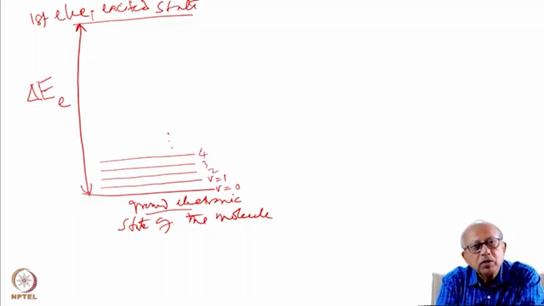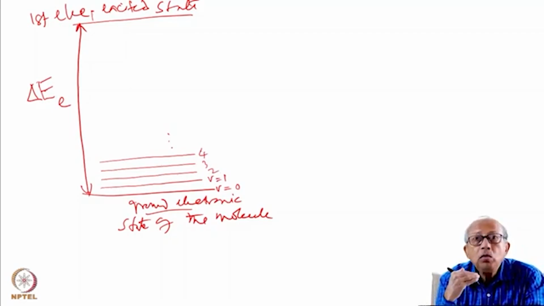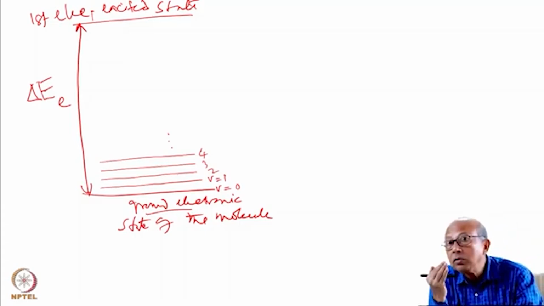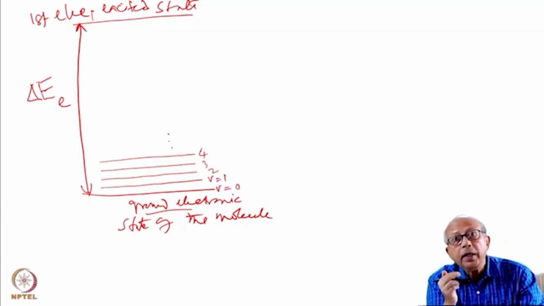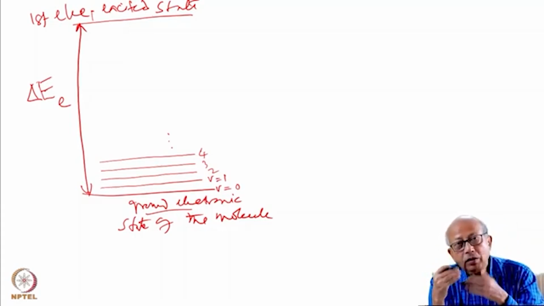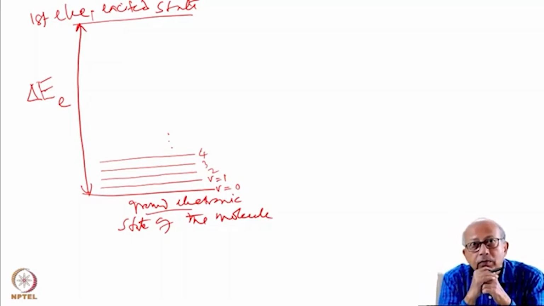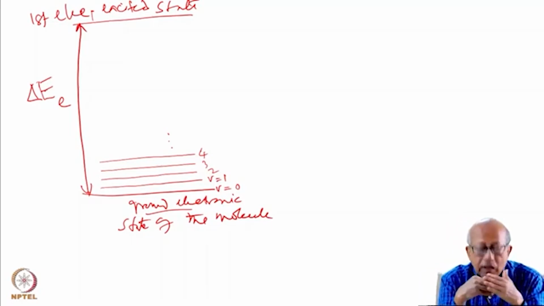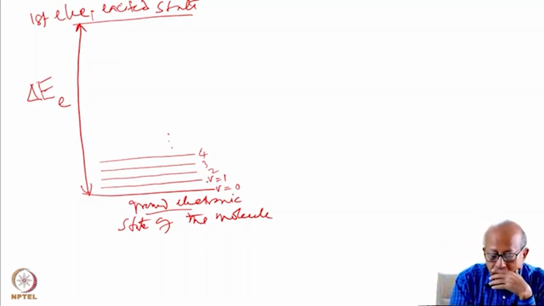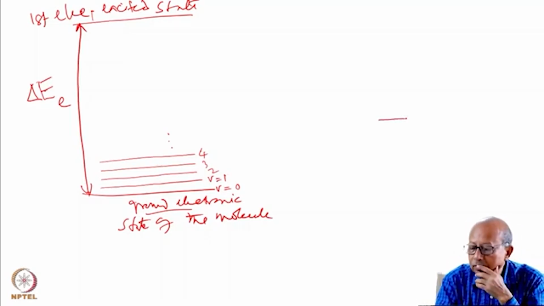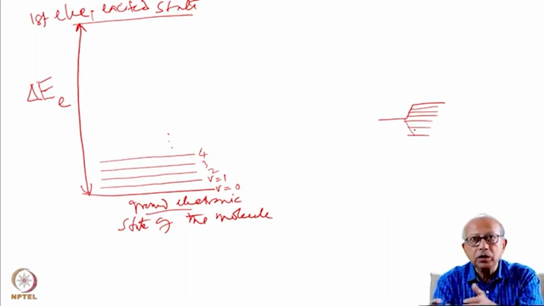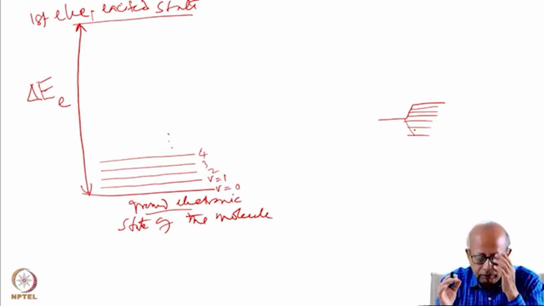And all these vibrational states also have their own rotational manifold, because as you know, when the molecule vibrates, the atoms can also rotate, and the rotational energy is even smaller than the vibrational energy. So for each vibrational level, there will be many rotational levels. And I'm not going into detail because you know this already.